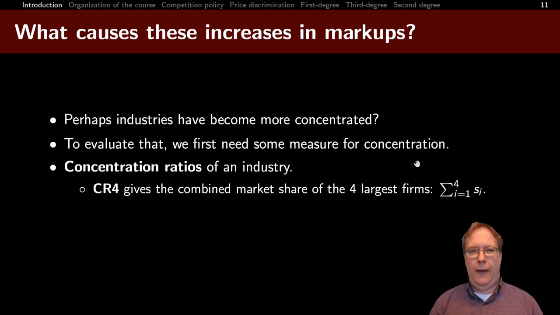So that would be one way to measure how concentrated an industry is, right? If your CR4 is higher, then at least the biggest four firms have increased in size, and that suggests that those firms may be able to set higher prices.